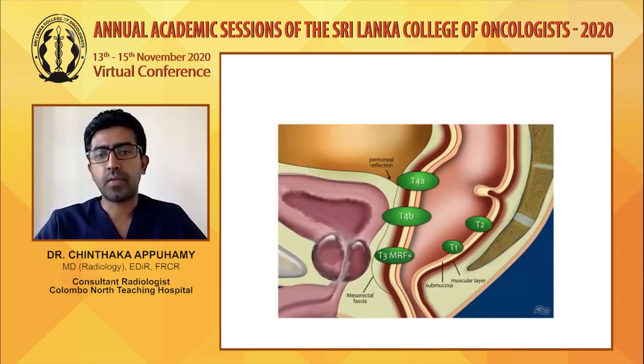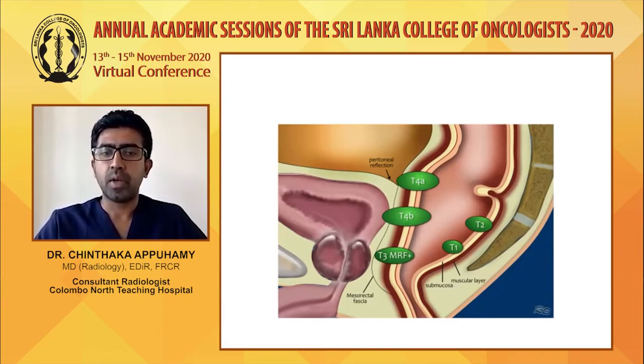The staging of colorectal carcinoma. T1 disease, as you all know, is confined to the submucosa, whereas in T2 disease the muscular layer is involved. So there is infiltration into the muscular layer, however it is confined to that area.